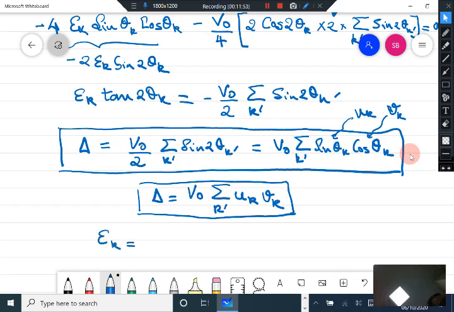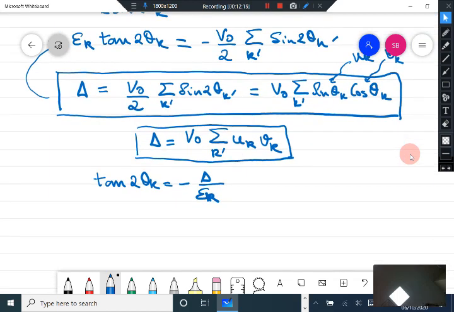Now with this expression, if you substitute this here, then of course you can show that tan 2 theta k is equal to minus delta over Ek, where Ek is the energy of the particle in momentum state k measured with respect to the Fermi energy.